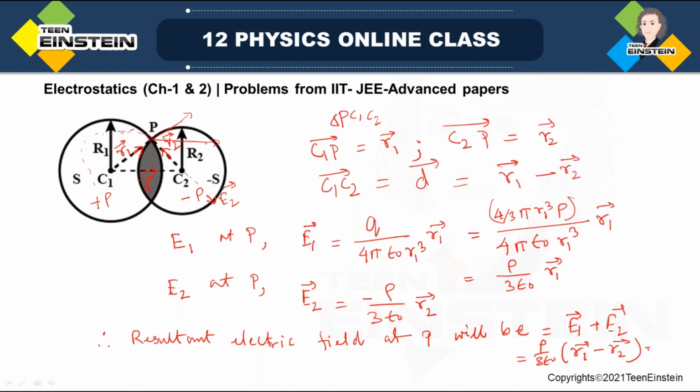This is nothing but rho by 3 epsilon naught into D vector, which is a constant quantity, because D is constant, epsilon naught is constant, and rho is also constant. So this electric field at P is a constant quantity.